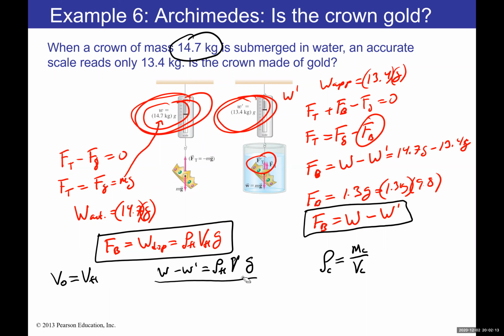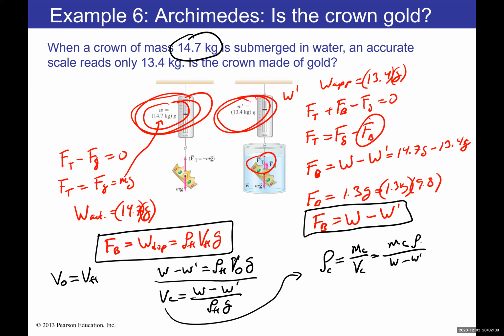So I can replace that with the volume of the object, and rewrite it as the volume of the object equals the difference between actual and apparent weight divided by the density of the fluid times g. The object is the crown. That means the density of the crown equals the mass of the crown divided by that, which is W minus W prime, then times rho of the fluid times g.